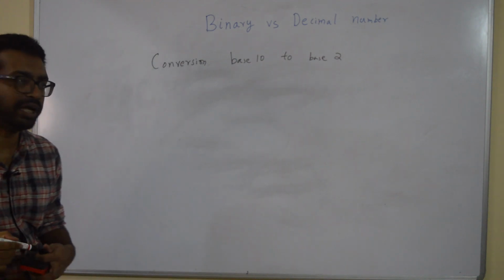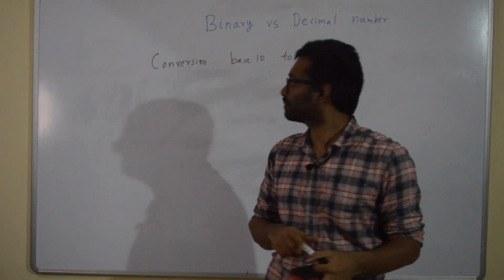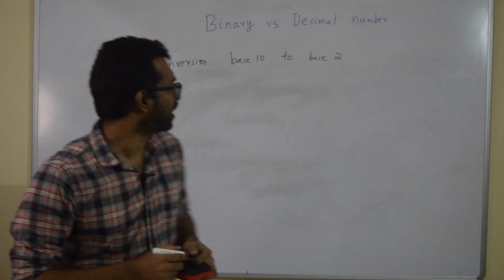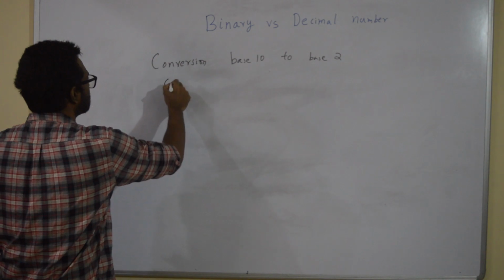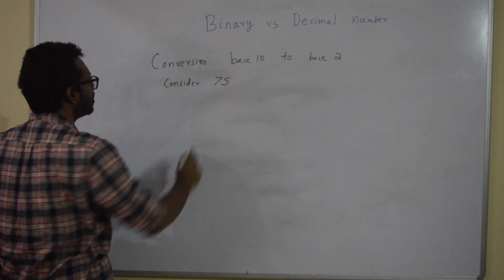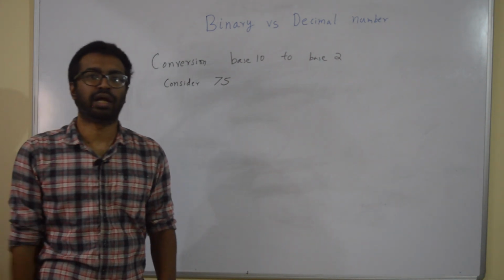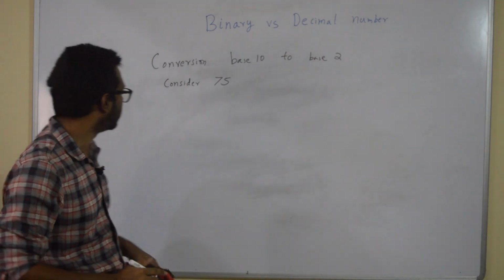Conversion from base 10 to base 2, that is, from decimal to binary. Let's take an example number and do the conversion. Consider the number 75 in decimal, and I want to convert it into binary form. How do I do that?